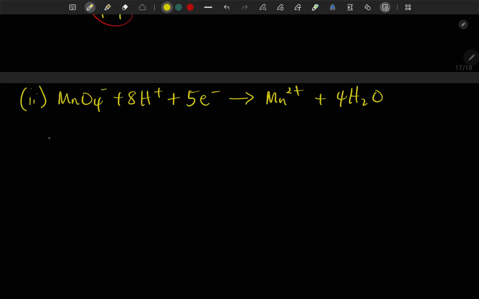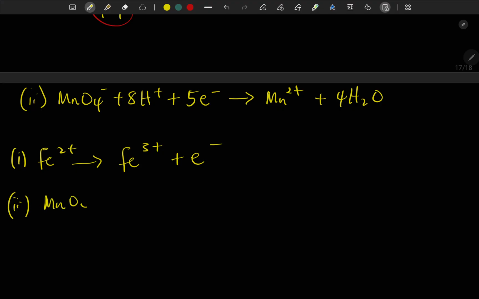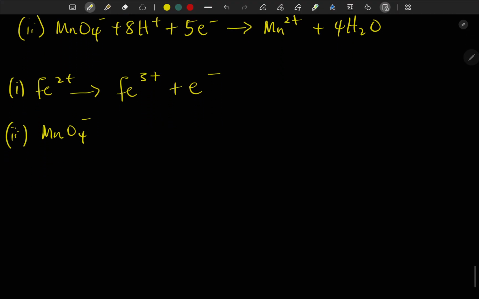So let's write the two equations again. So we have Fe2 plus gives Fe3 plus plus e minus. So we also have MnO4 minus plus 8H plus plus 5e minus gives Mn2 plus plus 4H2O.